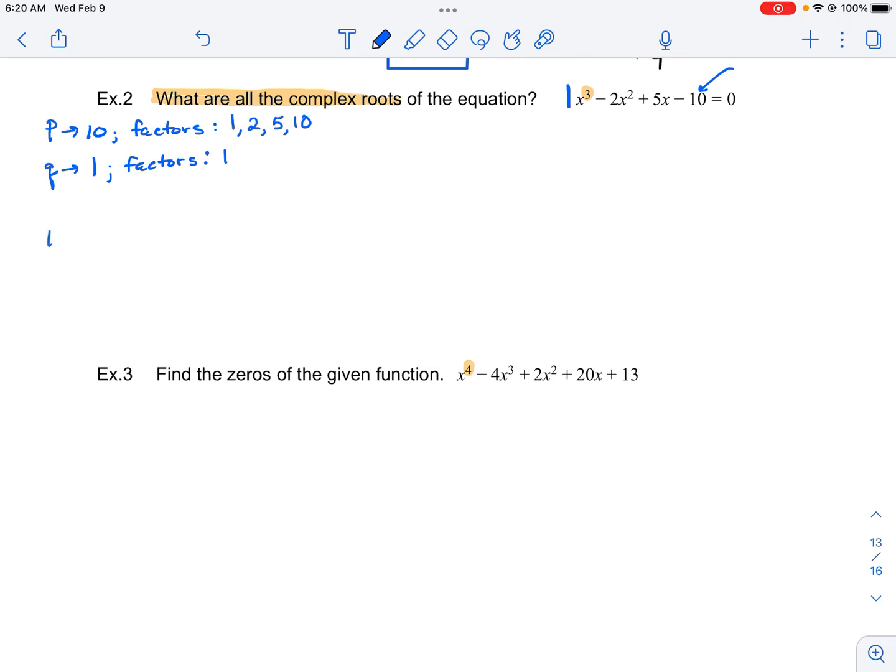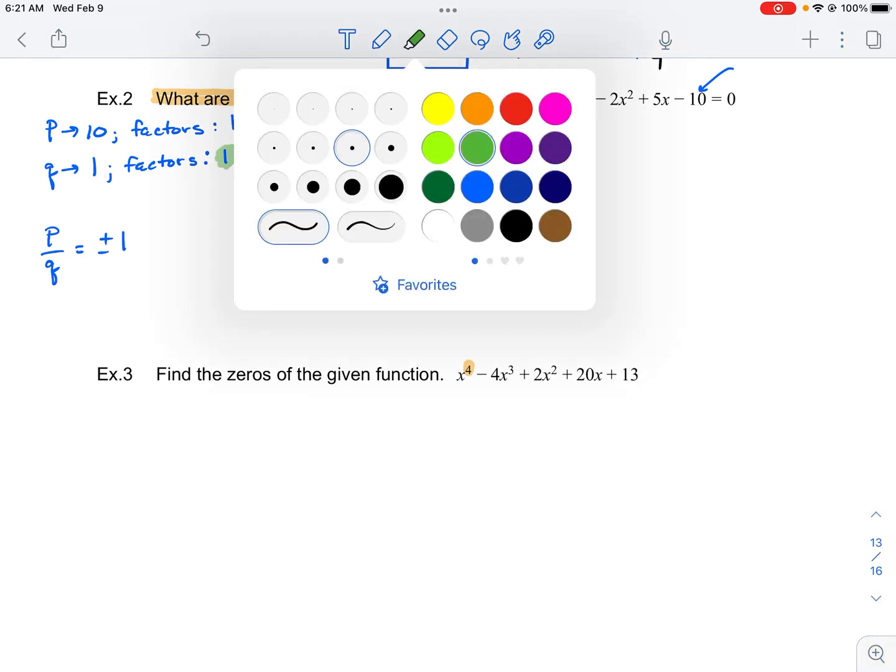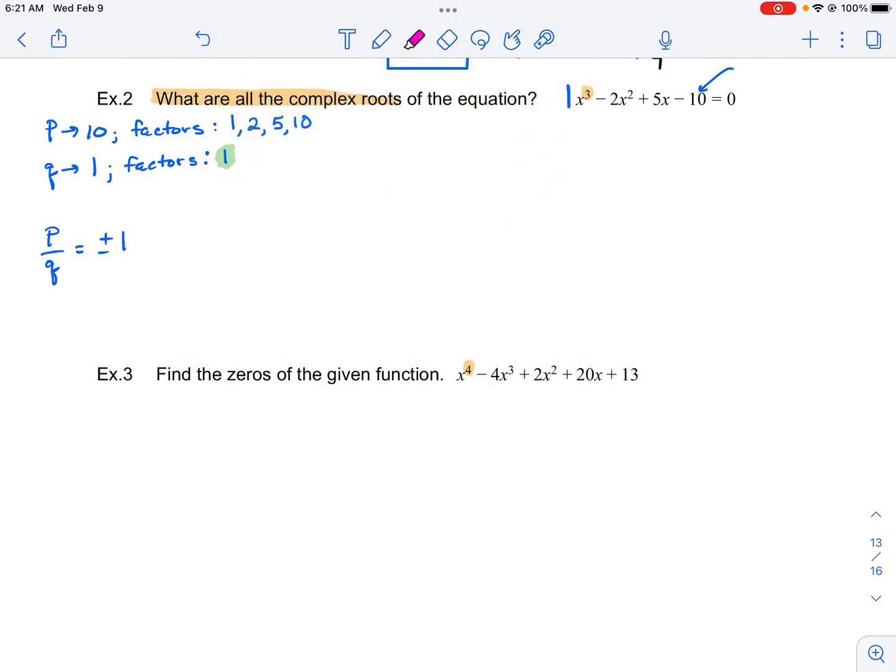So our P to Q ratio that we'll write, remember we have to take those now and create all the possibilities. The only denominator that we have is going to be this 1. So our list of numbers will be plus or minus 1. That's from this numerator piece right here.